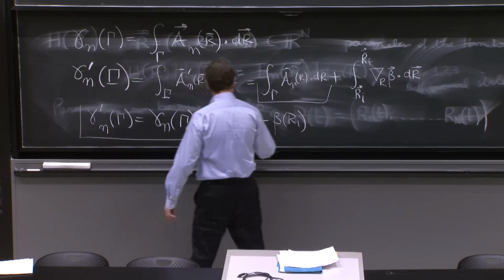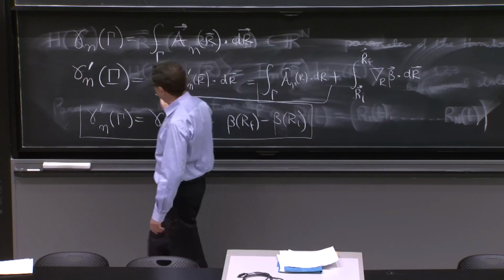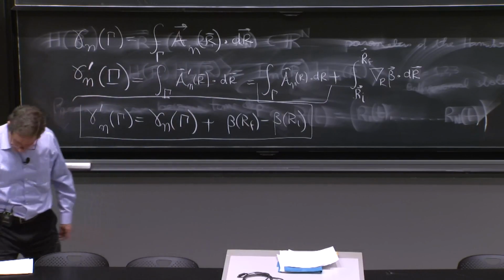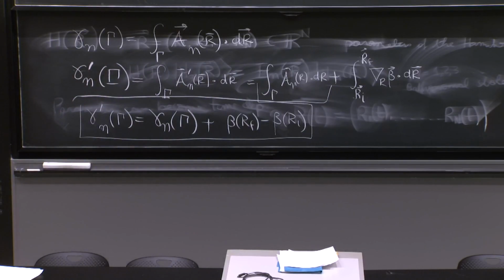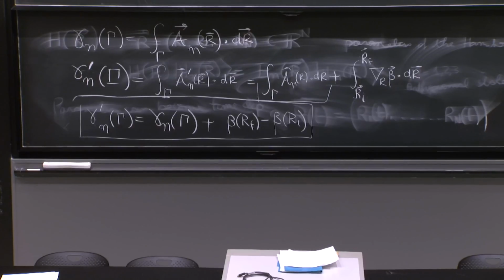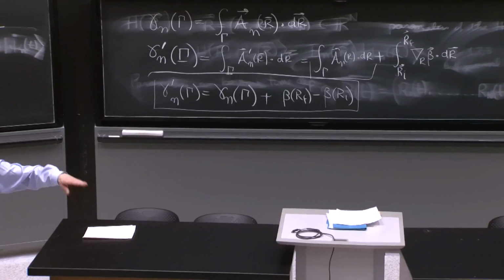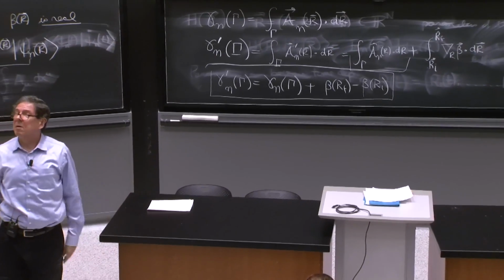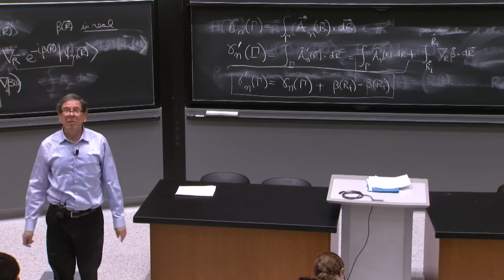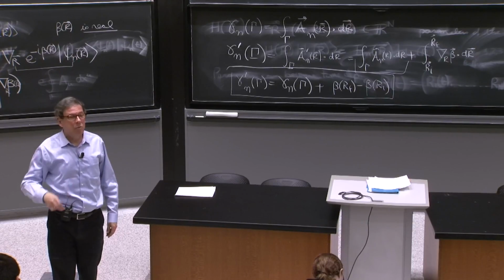So it's not gauge invariant, the Berry phase. And therefore, it will mean that most of the time it cannot be observed. It's not gauge invariant. Whatever is not gauge invariant cannot be observed.